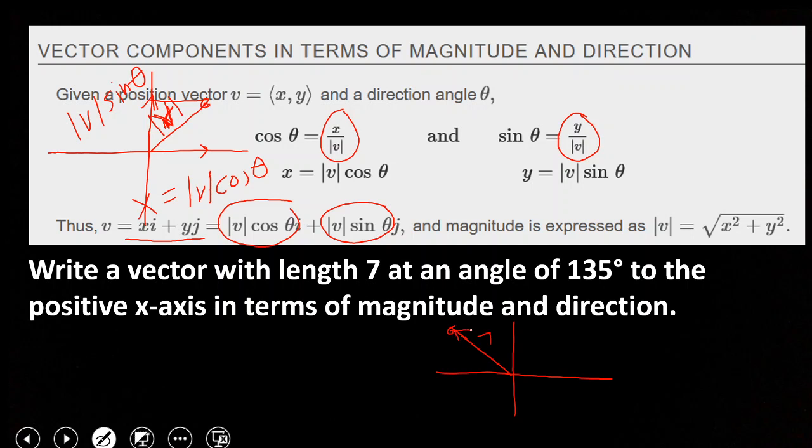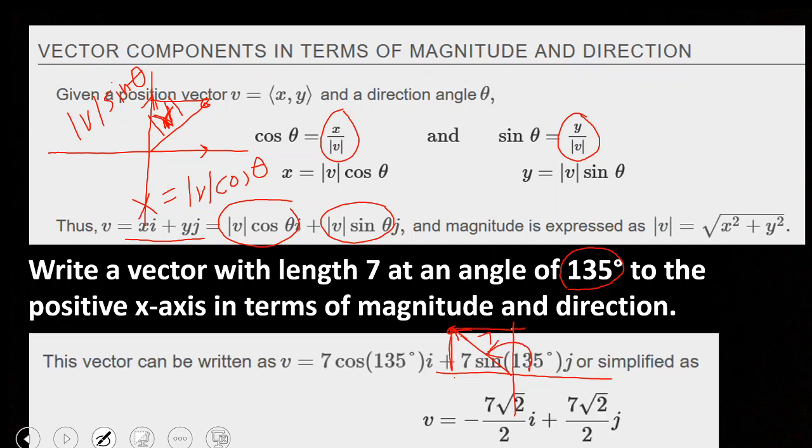Well, all we have to do is write the components. We are given the angle, 135. So this would be 7 cosine 135, and this component would be 7 sine 135, right? That's it.